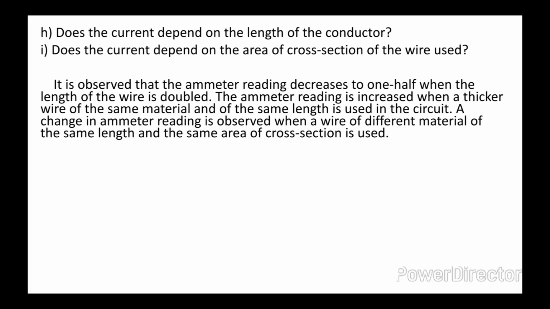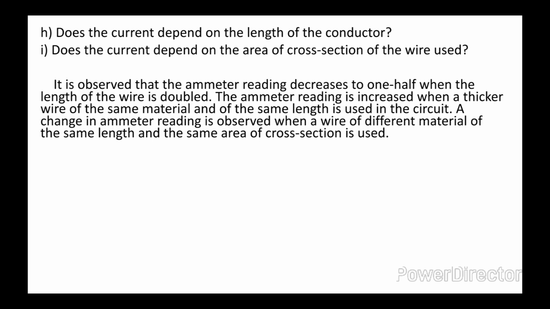See, what we observe is the ammeter reading decreases to 1/2 when the length of the wire is doubled. For example, in the first case, if the current is 4 ampere, in the second case, it decreases to 2 ampere.